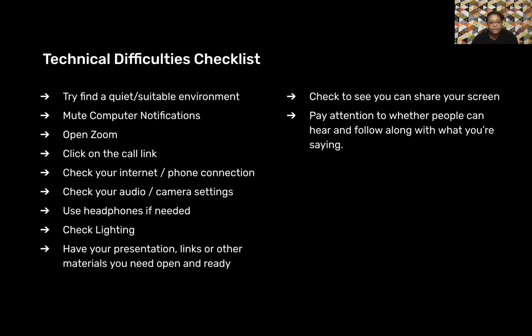As I mentioned previously, check your lighting and the environment that you're around such that you're visible within the camera. If you notice it's dark, try to see if you can reposition so that that can be adjusted on the fly.